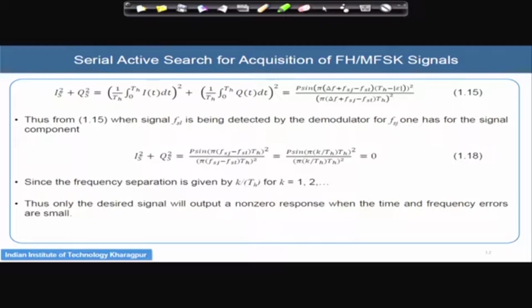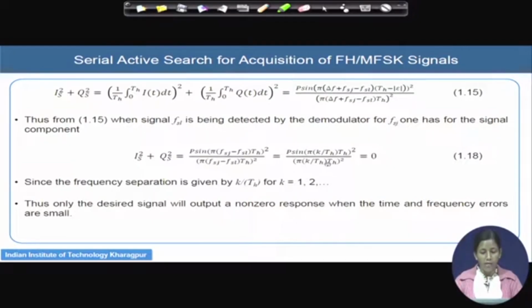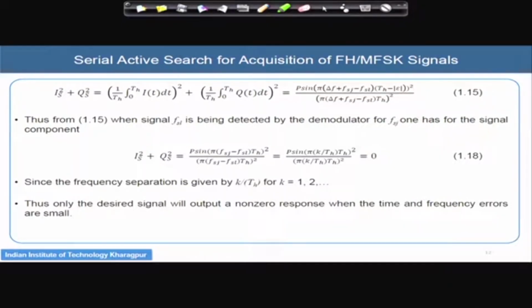You only get a non-zero response for the desired signal when the time and frequency errors are very small. Otherwise, the desired signal output is expected to be completely 0 if the time and frequency errors are significantly high, and also if the modulating tone frequency that you are developing is not properly chosen in the receiver circuitry.